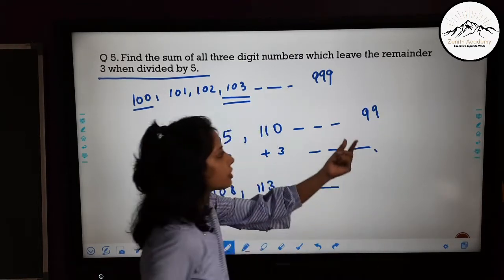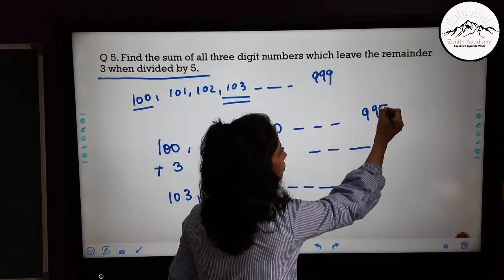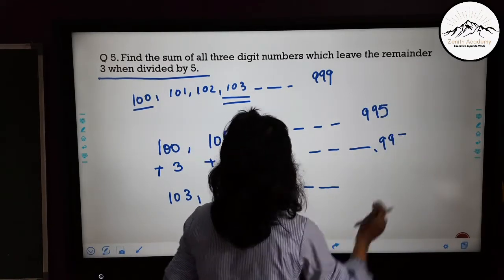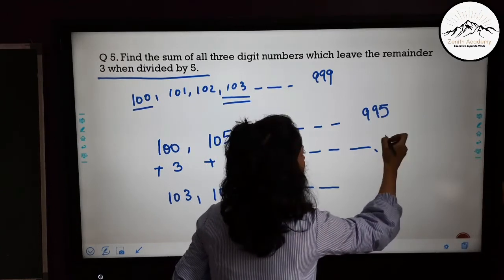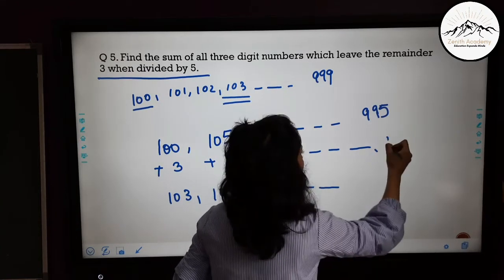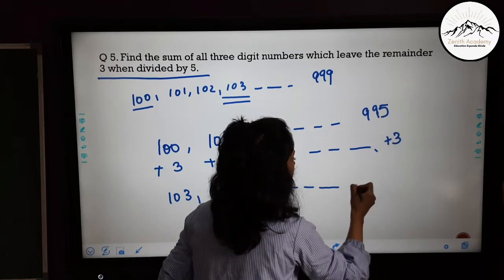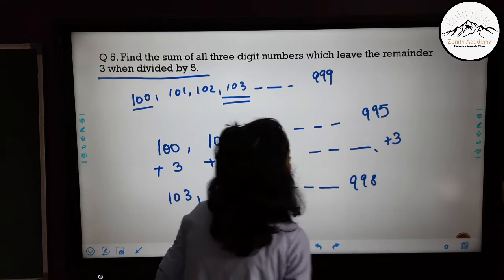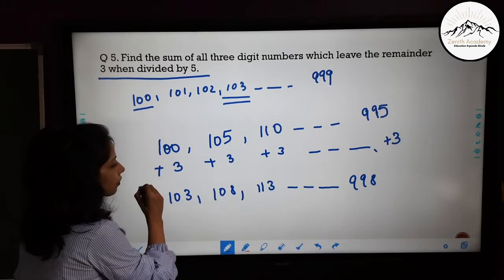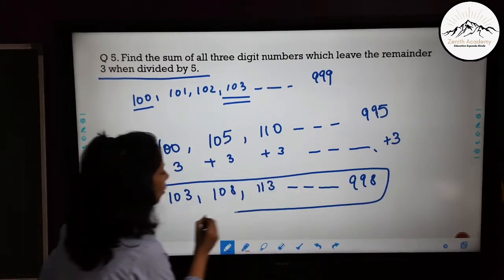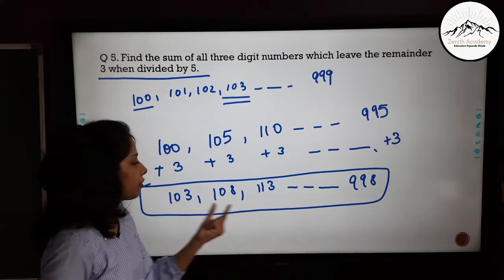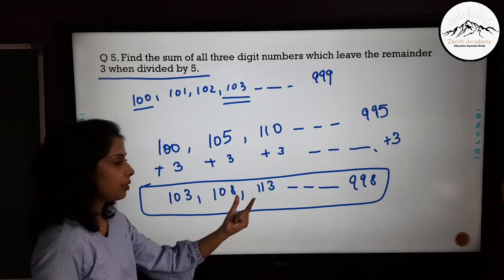Here the last number divisible by 5 will be 995, which when added to 3 will give us 998. So this will form the series which, when divided by 5, will leave the remainder 3.